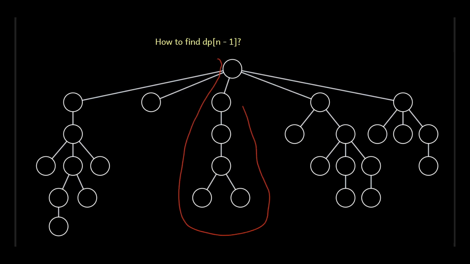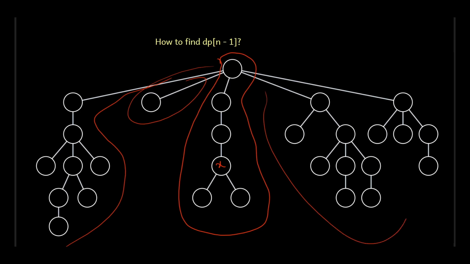This child is remaining. This means that one of these nodes has the power to delete. Suppose this node is X, one of these nodes has the power to delete this entire thing, this entire thing, this entire thing, and this entire thing. Why? Because if this does not have the power, then maybe this node has the power or this node has the power.